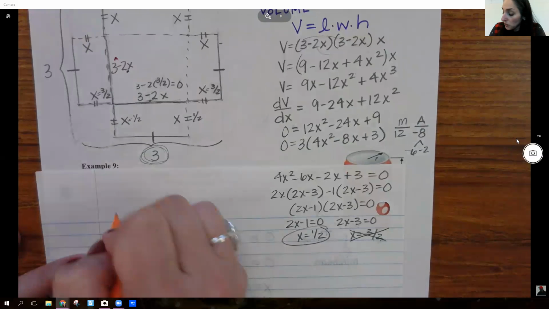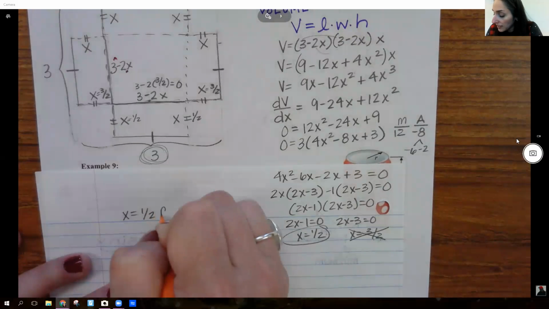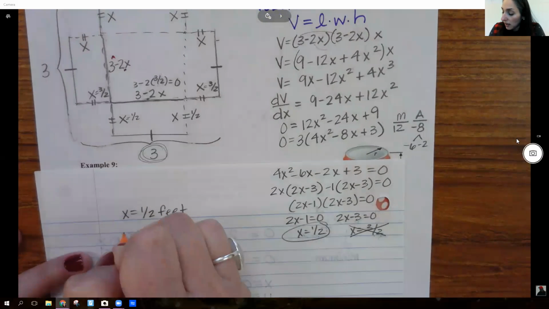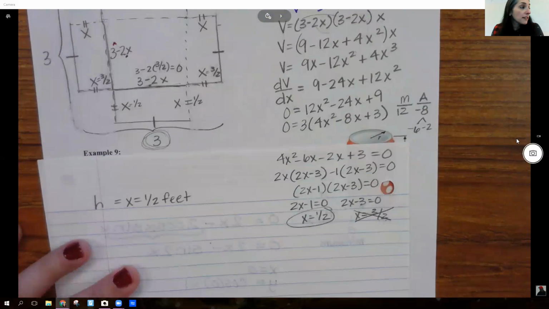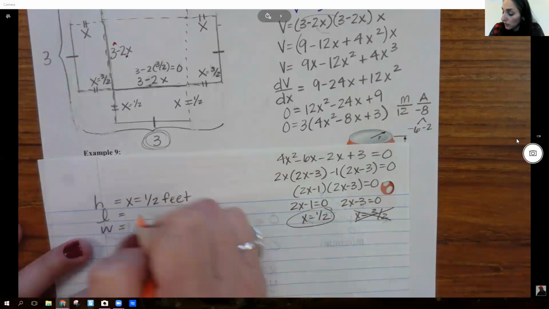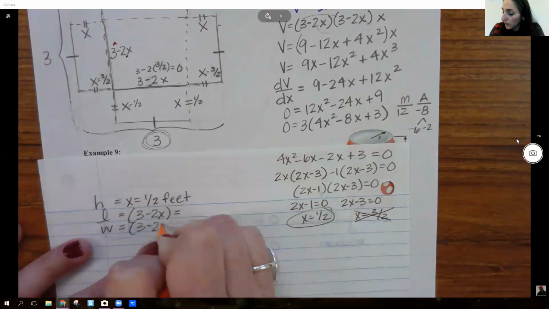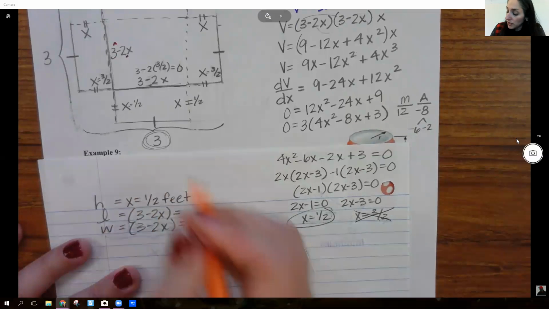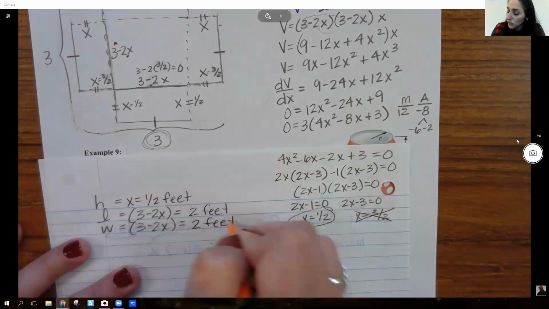So your dimensions would be x equals 1/2, what are we going with here, feet? So that would be the height of your box, and your length and your width would be 3 minus 2x, which you already found, which was 2 feet each.